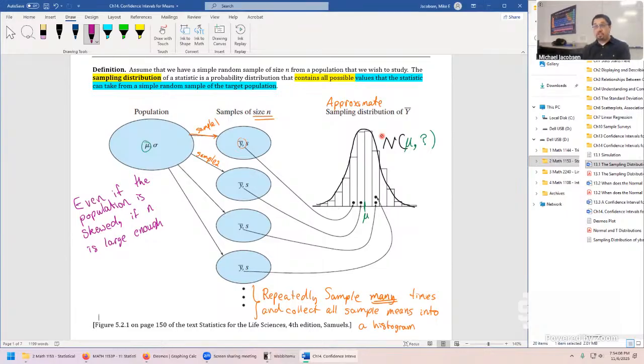But even if the population is skewed, for a large enough sample size n, the sampling distribution is still approximately distributed normally. That's what you showed us with that calculator, right?